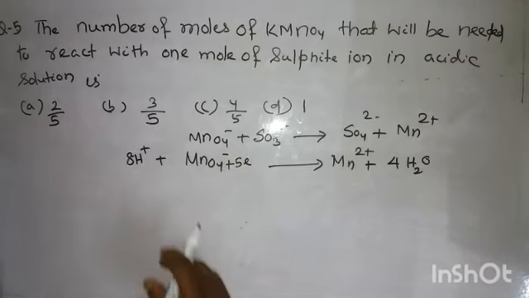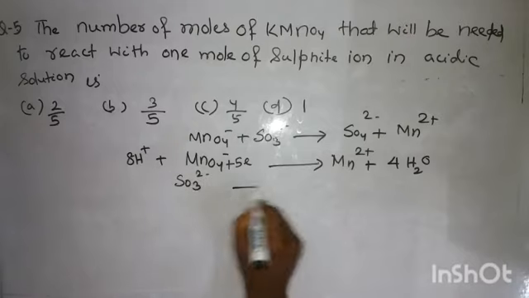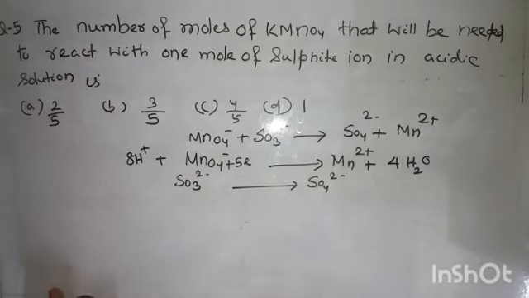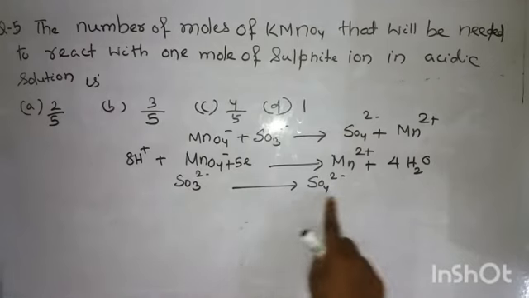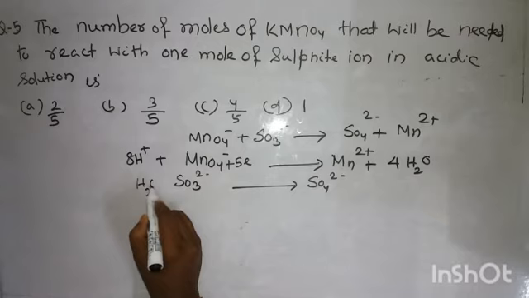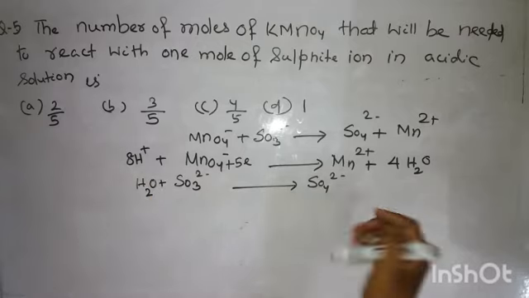Okay. Second portion: SO3 2 minus gives rise to SO4 2 minus. Here how many oxygen atoms are there? Oxygen atoms here 3 and there 4. What will we do? Add H2O, and add 2H plus.